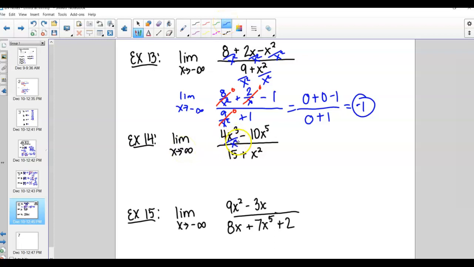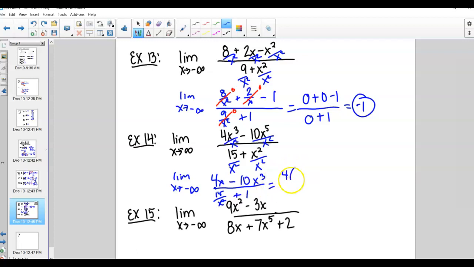And so we're going to divide by x squared here, and we are going to get the limit as x approaches negative infinity of 4x minus 10x to the third over 15 over x squared plus 1. And so this time we've got that negative infinity to plug in.